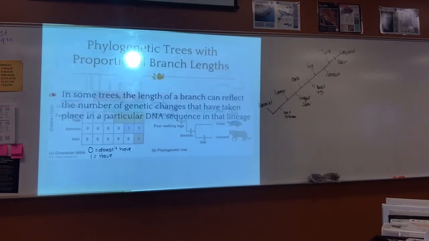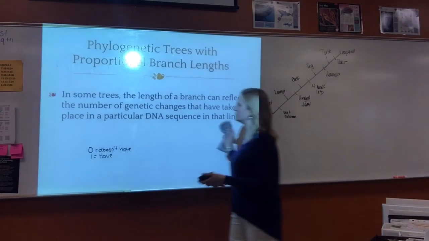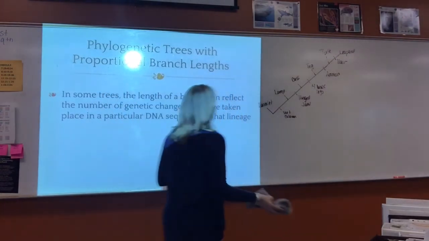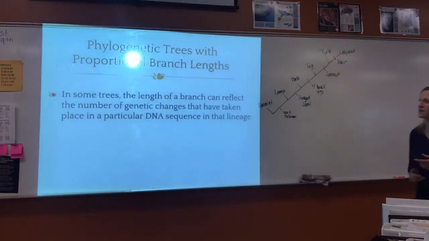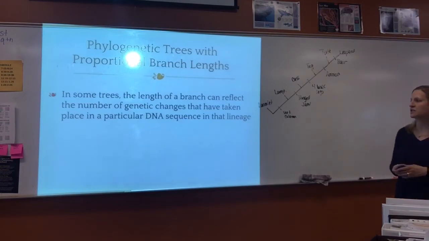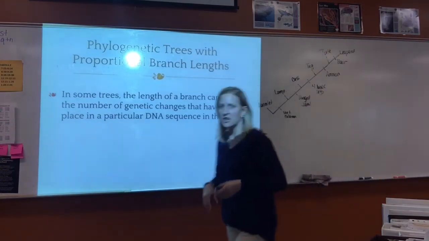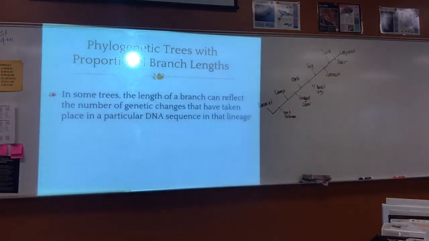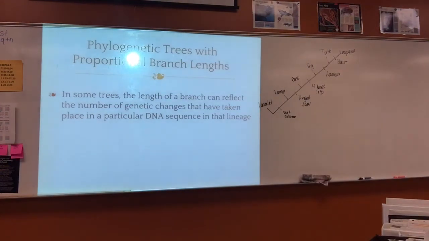In some trees, the length of a branch can reflect the number of genetic changes that have taken place in a particular DNA sequence in that lineage. Remember I said that when you're looking at a tree you can't necessarily assume time and when things happen.